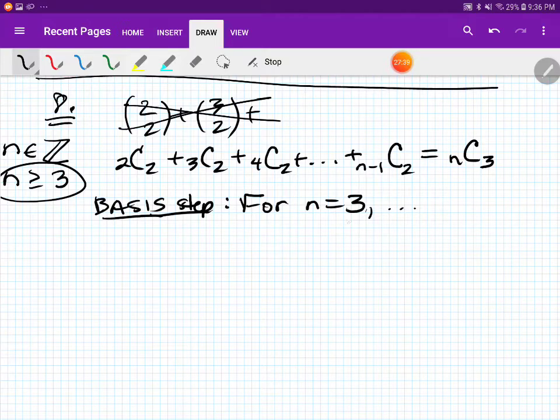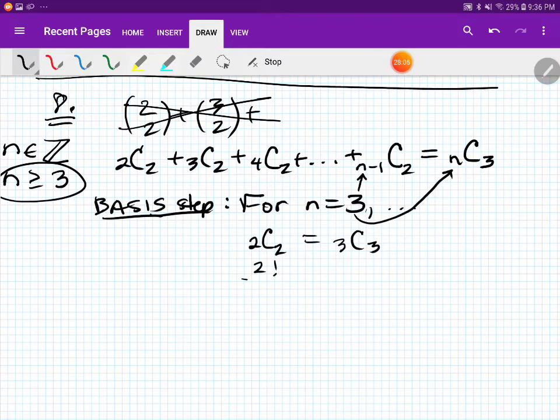For n equals 3, that's 2c2. So for n equals 3, it's only that term. Equals this substituted in there, which is 3c3. Well, is that true? I think it's true.